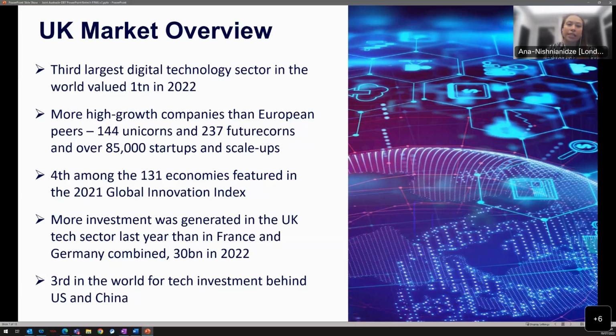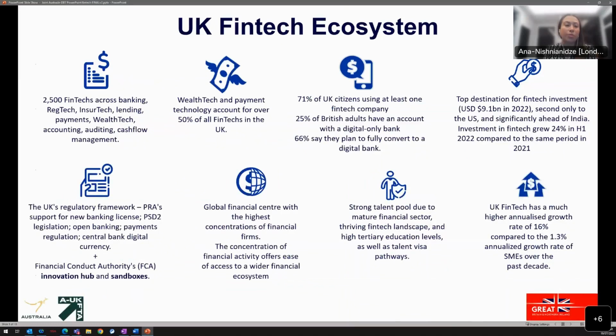So if we go to the next slide, we'll zero in a bit more on what it means for fintechs. So a significant fintech market, 2,500 fintechs across banking, lending, insurtech, regtech, payments, wealth tech, you name it. So there is a very strong fintech ecosystem that exists in the UK.